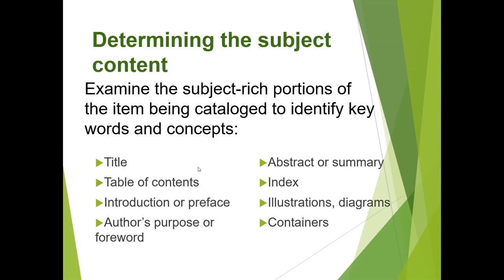You may look at information you find on the publisher's website as supplementary information. If you're doing archival cataloging, then that means you may be looking at finding aids or other documented information about your particular resource, especially if you start dealing with things like visual arts and three-dimensional materials.